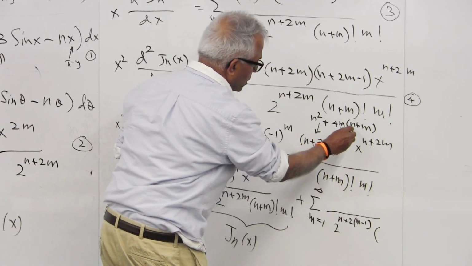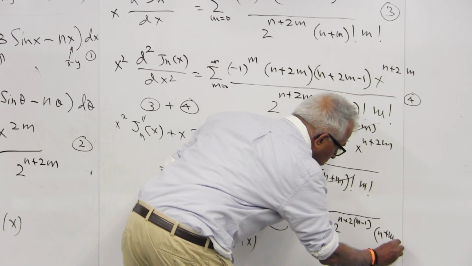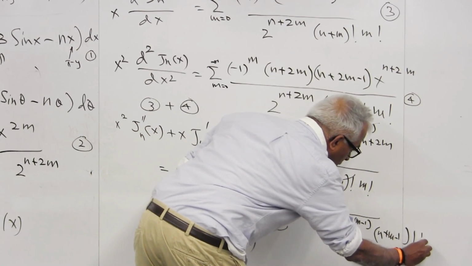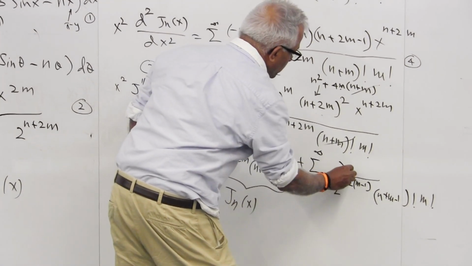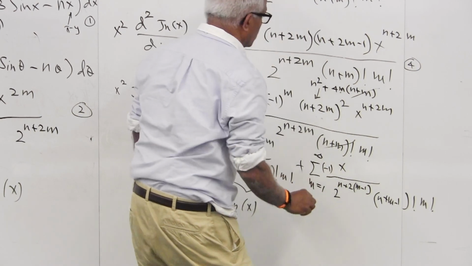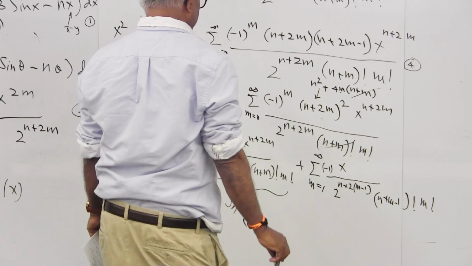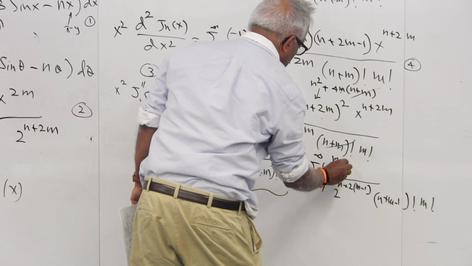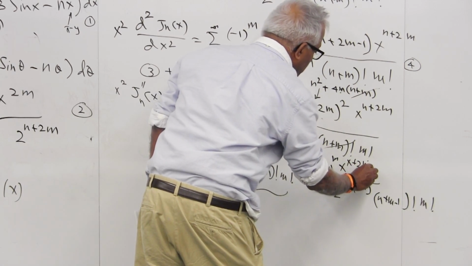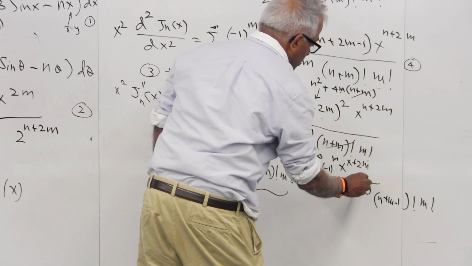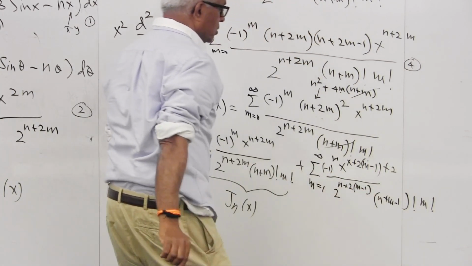And n plus m cancels with one term here. So this becomes n plus m minus 1 factorial, m factorial. And in the numerator you still have minus 1 to the power m, all the x terms, x to the power n plus 2m. So if you pull out x squared outside there also, then there is an extra 2 there.